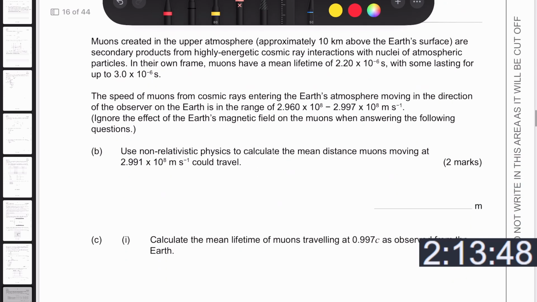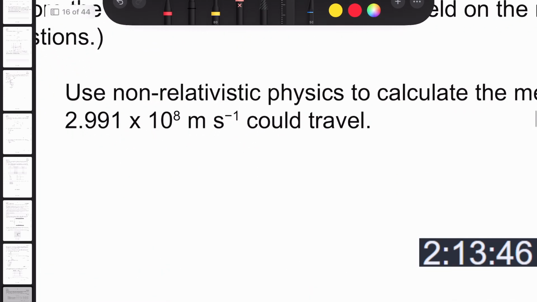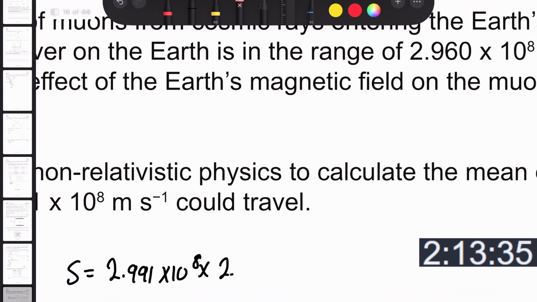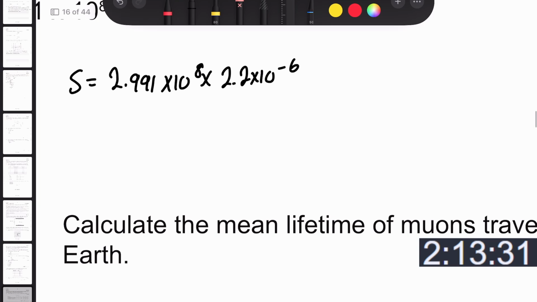So, mean lifetime. S is equal to 2.991 times 10 to the power of 8 times the mean lifetime, which is 2.2 times 10 to the negative 6, which is 658 meters.